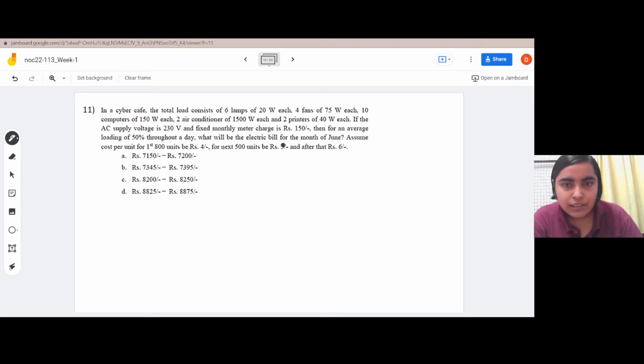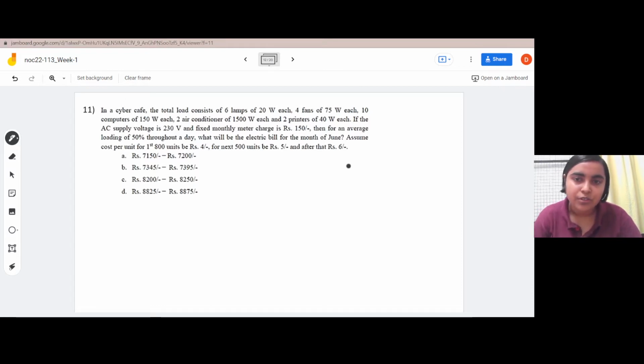What is the bill for the month of June? We have to assume the cost of first 800 units is given, then the next 500 units is given, and beyond that, the cost is 6 per unit. So can you guys try to find out the total bill of the month of June?